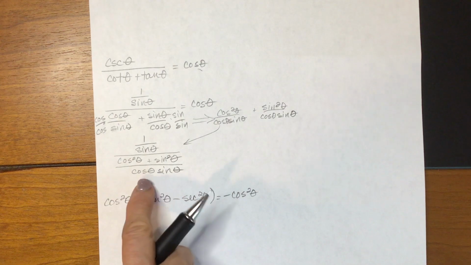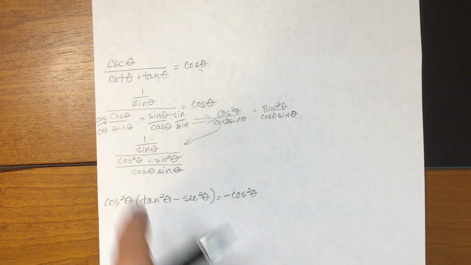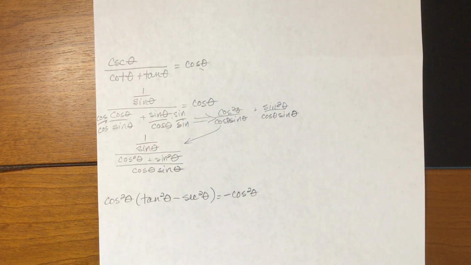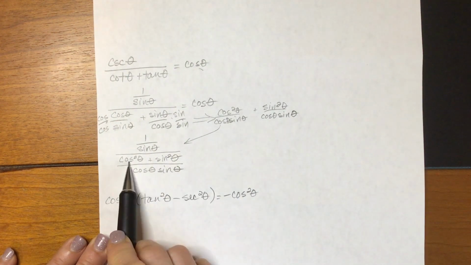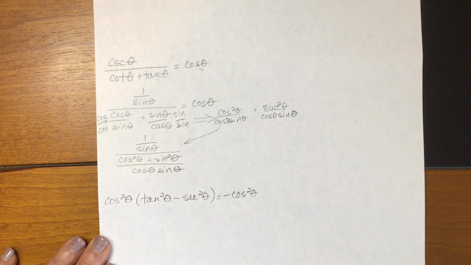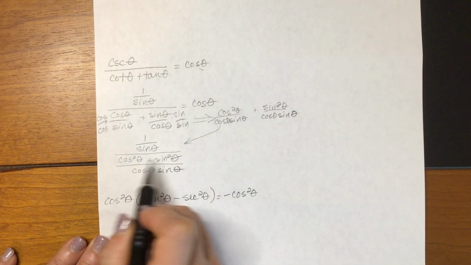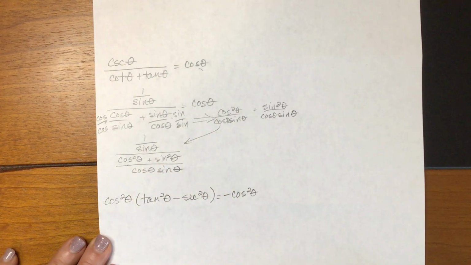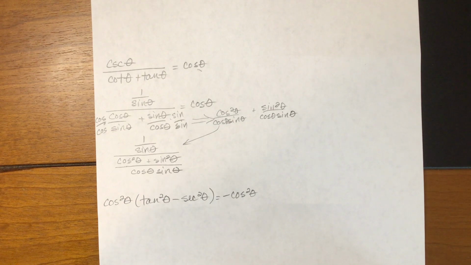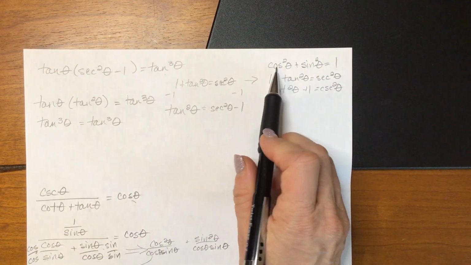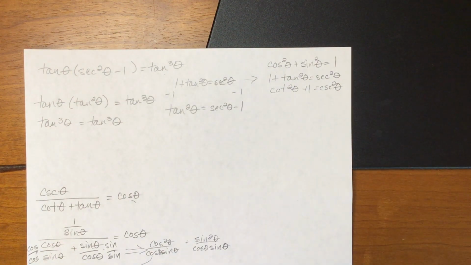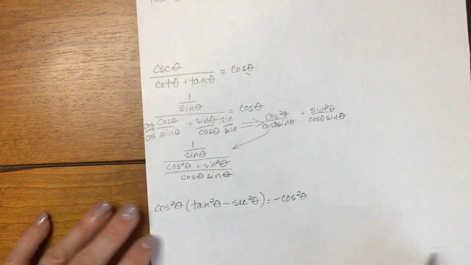All right, so now here in my denominator, I still can't do anything really with that 1 over sine in the numerator, but I have squares. And so now I think Pythagorean identity, because it's cosine squared plus sine squared. Do I have a Pythagorean identity that I can use to simplify those? And I do. My most common Pythagorean identity, cosine squared plus sine squared equals 1.